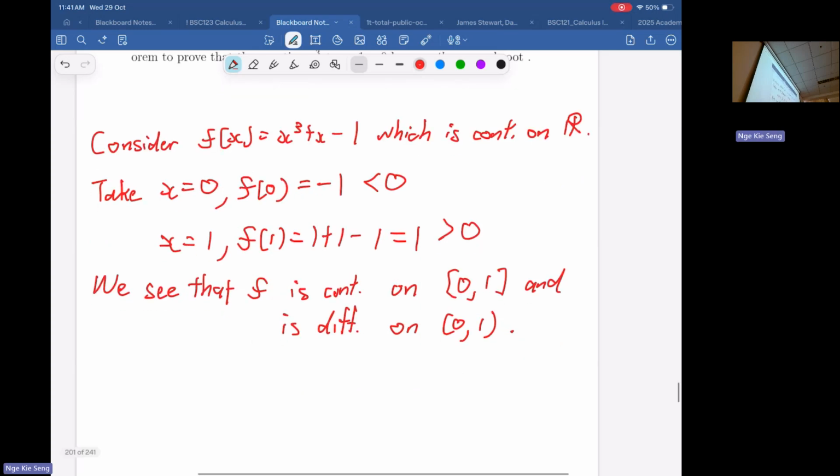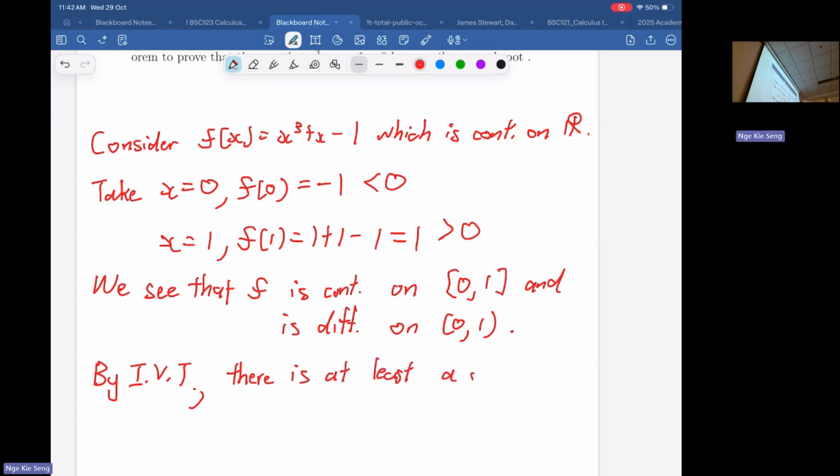So by IVT, the intermediate value theorem, what does it say? It says that there exists at least a real root c in (0,1) such that f(c) equals 0.